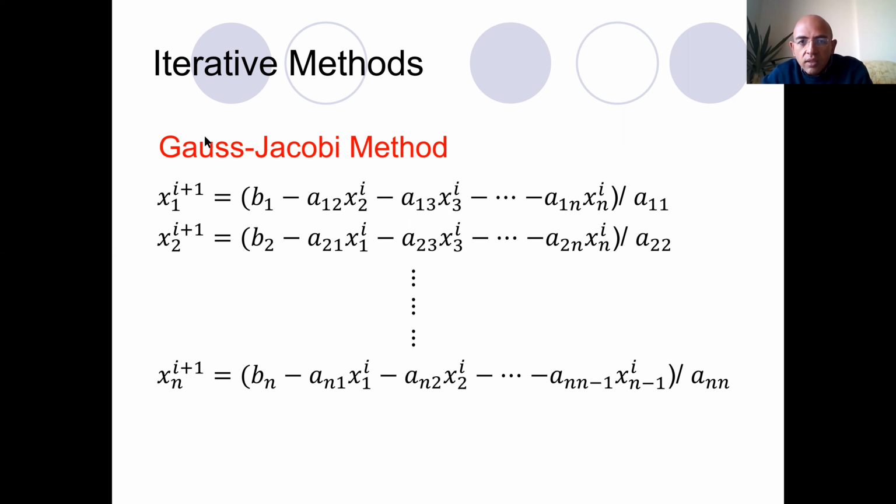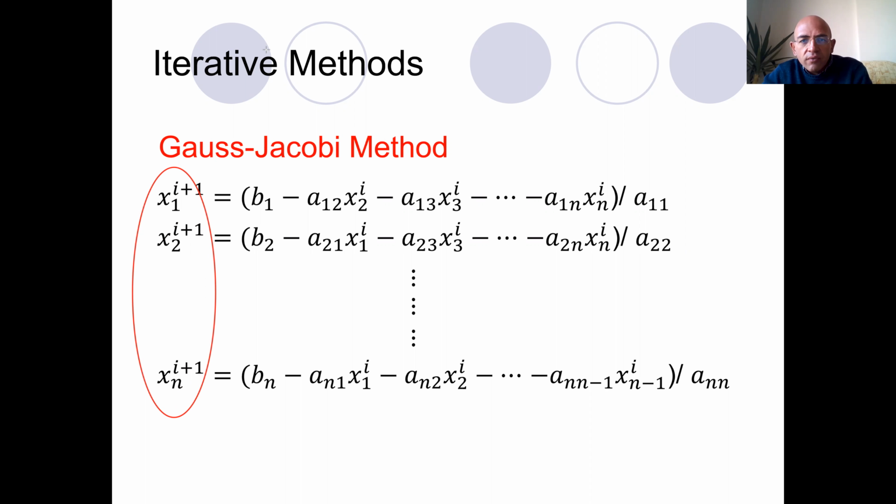You have a new approximation for all the unknowns. Now for the next iteration, you use these values and you continue to do it iteratively until your relative approximate error decreases below a certain value. This is the basis. This is the Gauss-Jacobi method.